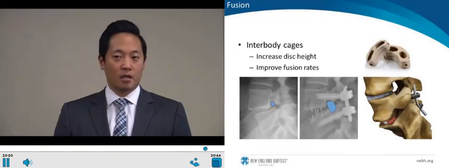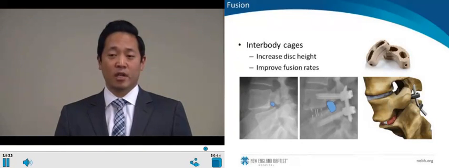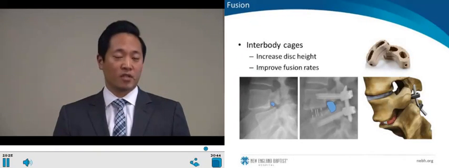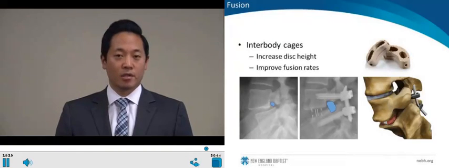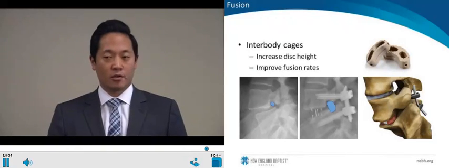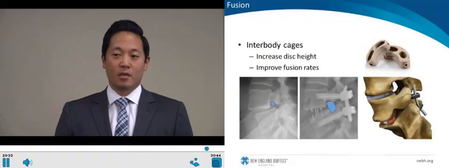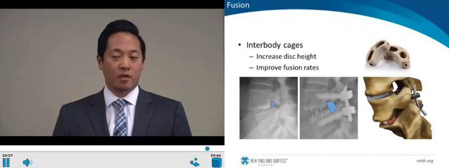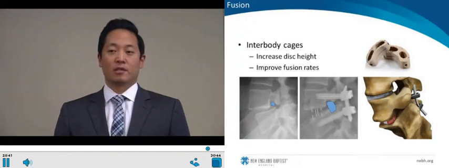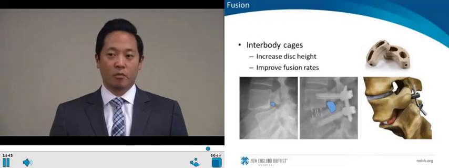By applying a cage into the intervertebral space, we're able to increase the intervertebral disc height as seen in the right radiograph. And by doing so, the neuroforamen can also be increased in height, which can indirectly decompress the nerve root that's exiting through there. So this is one of the common ways to indirectly decompress a stenotic neuroforamen.